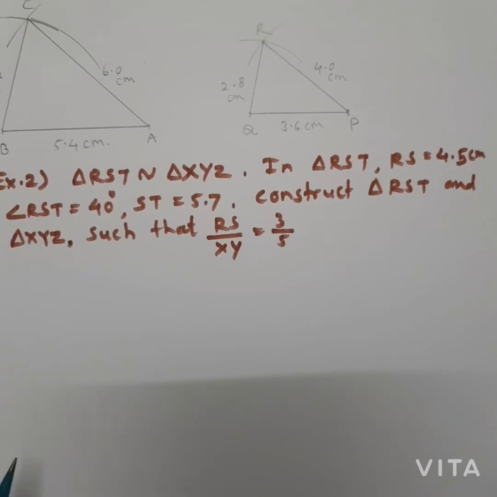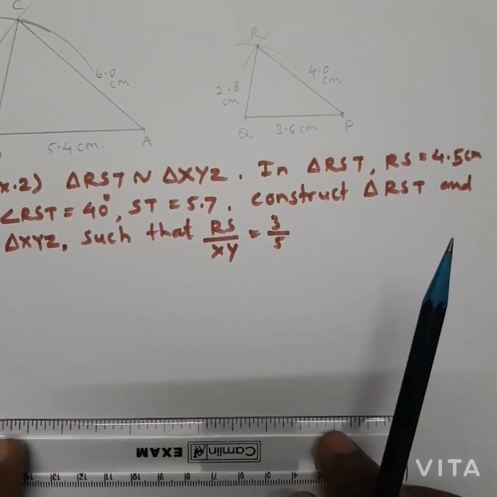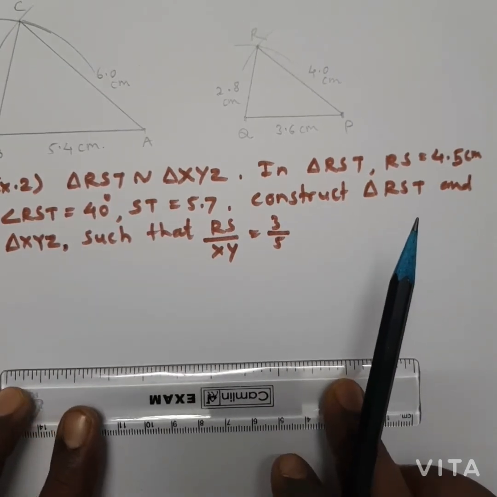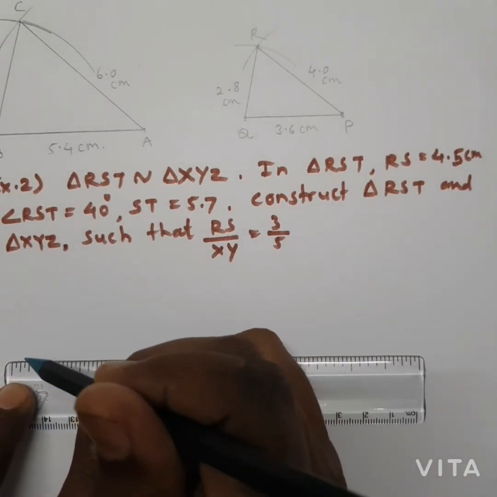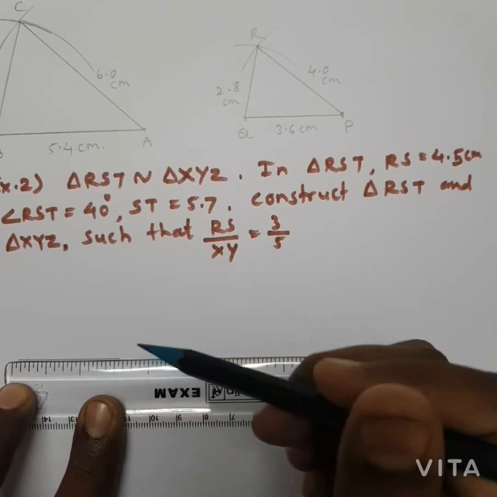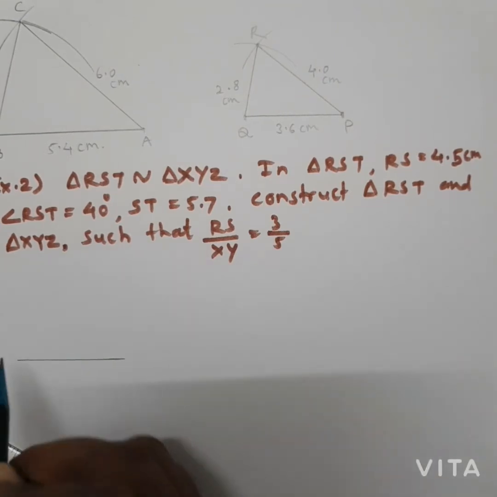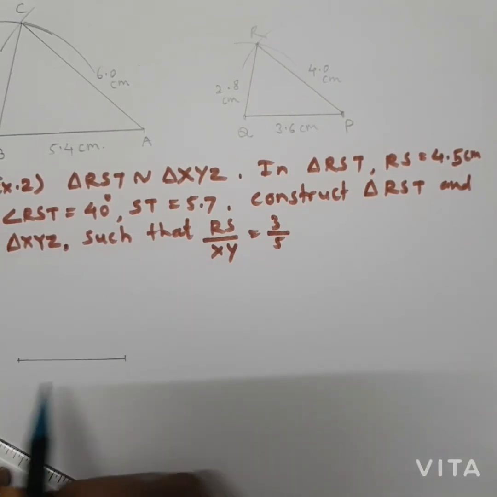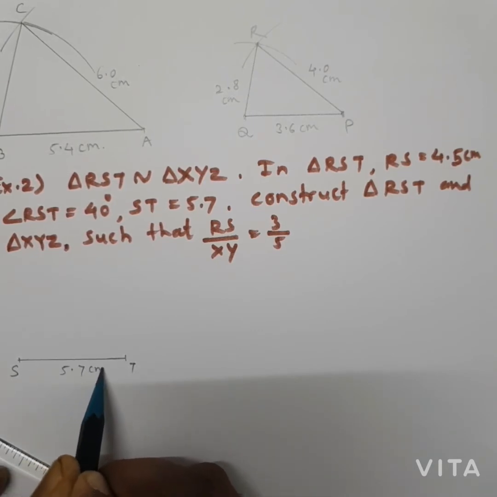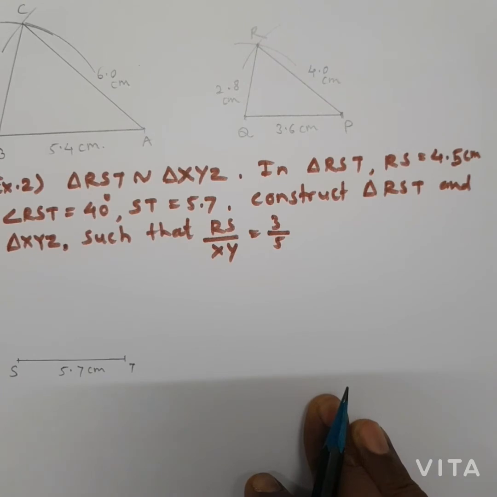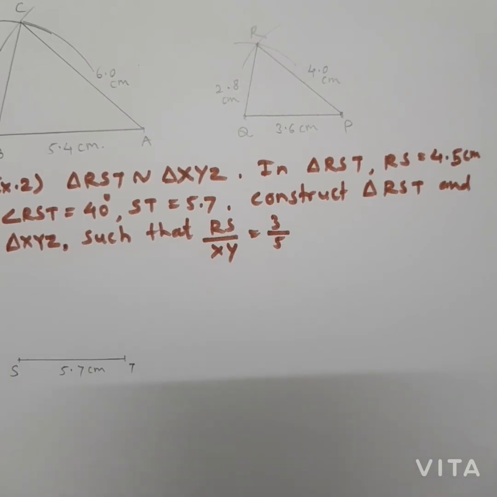First we will draw a rough figure. Here is triangle RST, in which ST is 5.7 centimeter. Then angle RST is 40 degree.